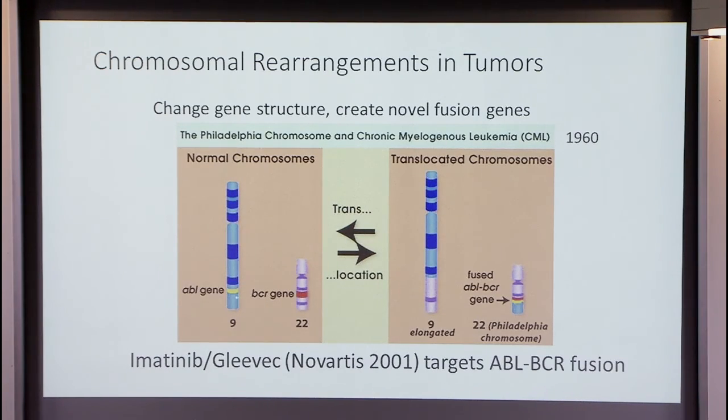It's a chromosomal rearrangement: chromosomes 9 and 22 undergo a translocation. The breakpoints of those translocations happen within two genes, BCR and ABL, resulting in a fusion gene. So this was characterized in 1960. And 50 years later, roughly, imatinib, or its commercial name Gleevec, came on the market to target this fusion gene. So this is our first targeted therapeutic.